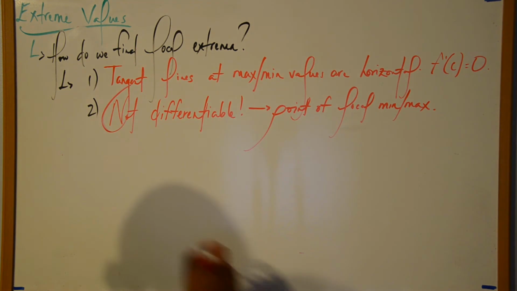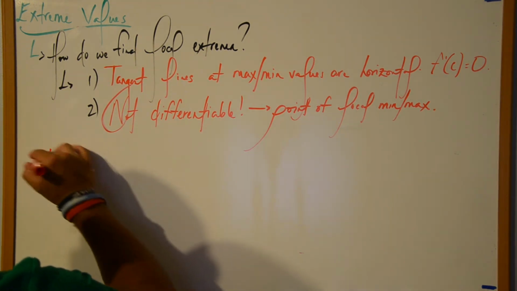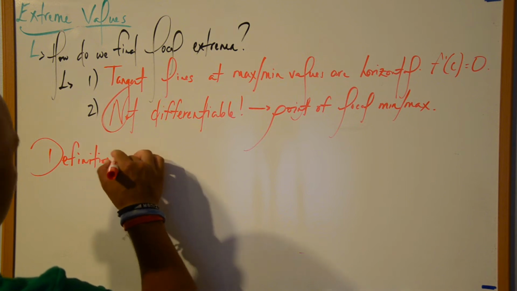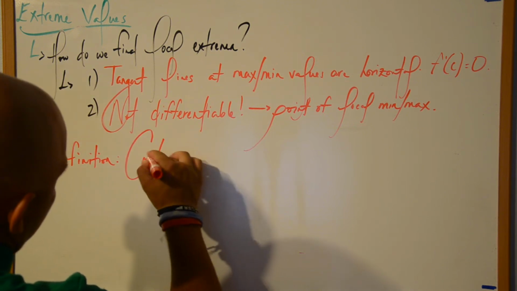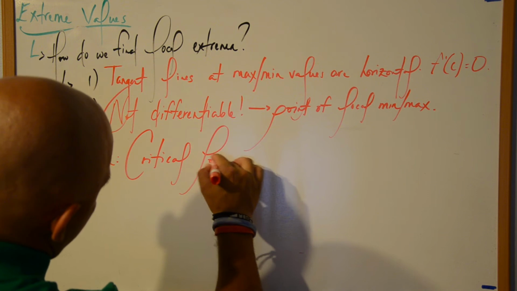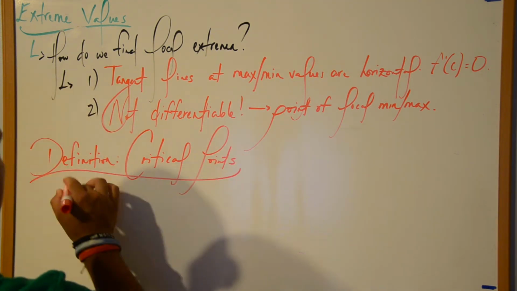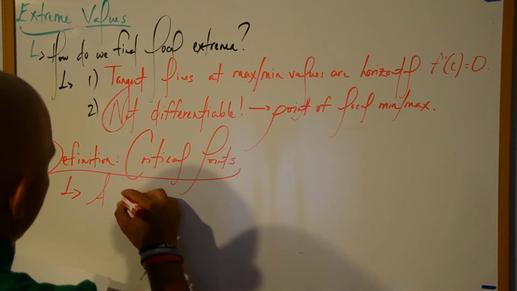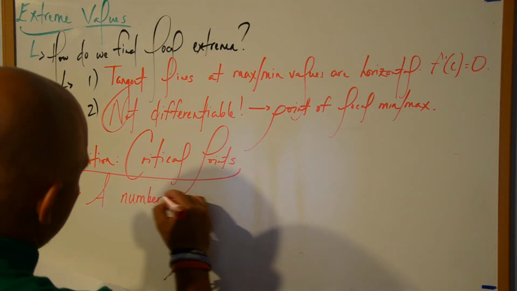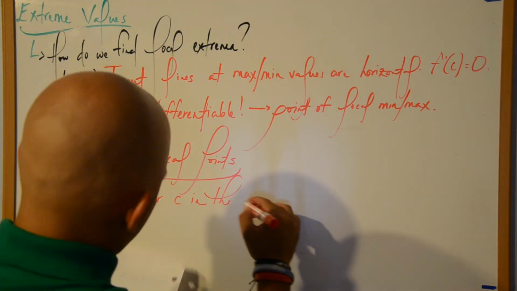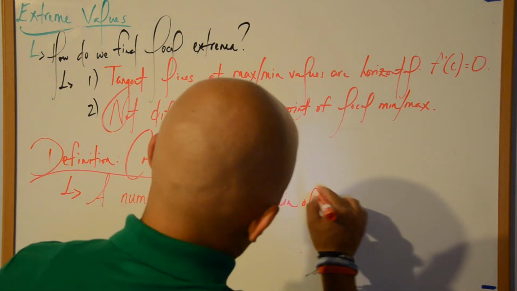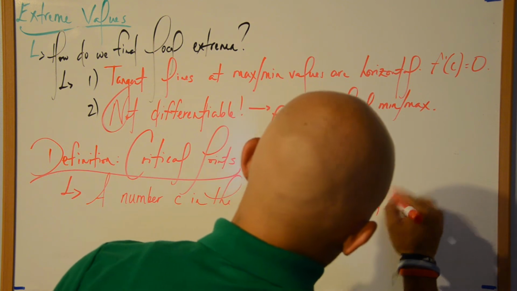But let's introduce a word we're going to use quite often. Critical points. A number c in the domain of f is called a critical point.